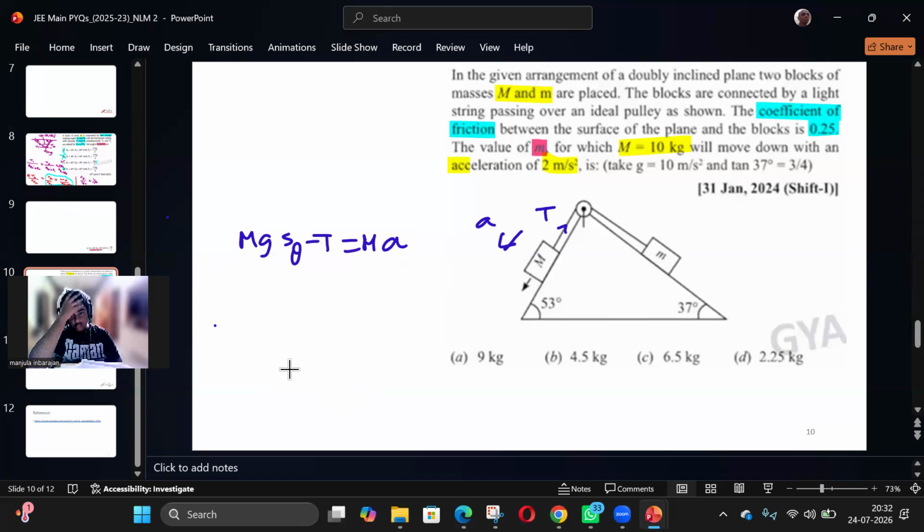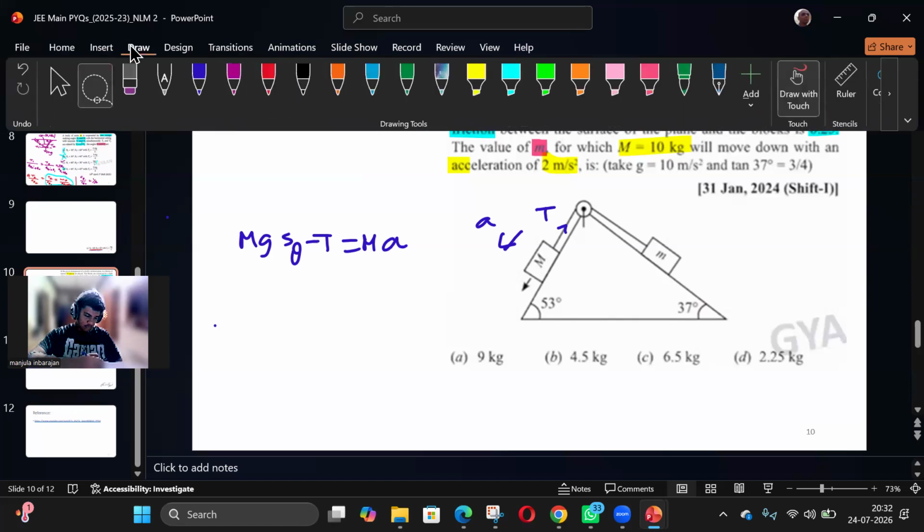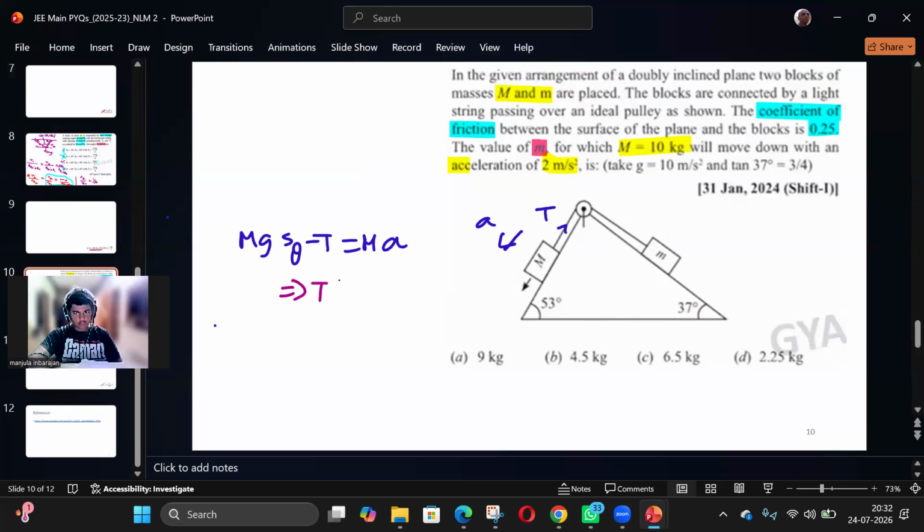Okay, so everything is given. If you can find the tension, mass is 10 kg, capital M, g is 10, sine theta is 3/5. Acceleration is given. So this will give me tension as some number.